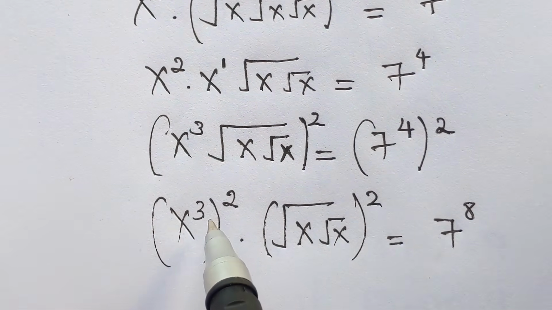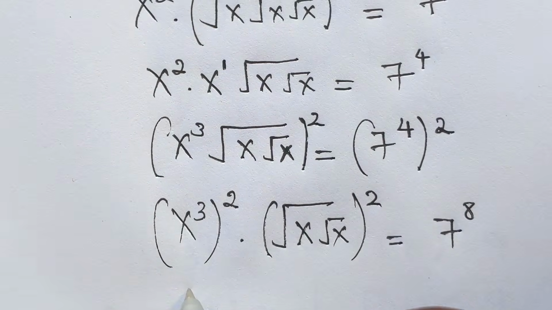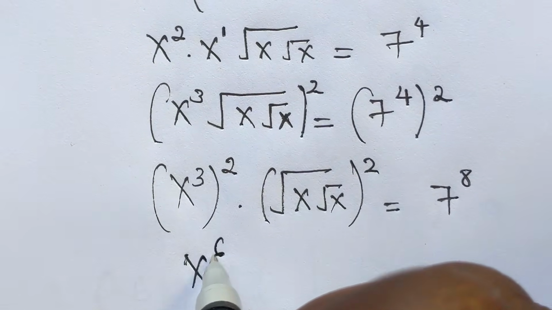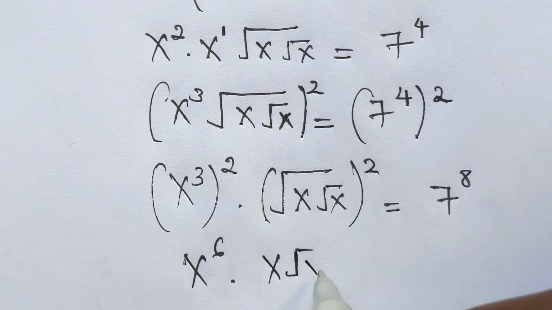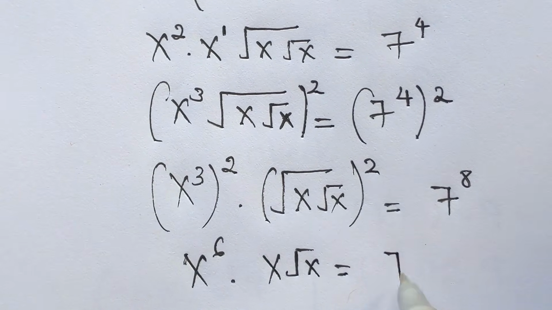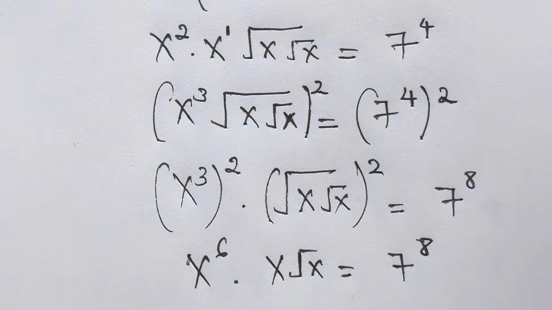Here this power will be multiplied to get x power 6 times this one, x times the square root of x, which equals 7 power 8.